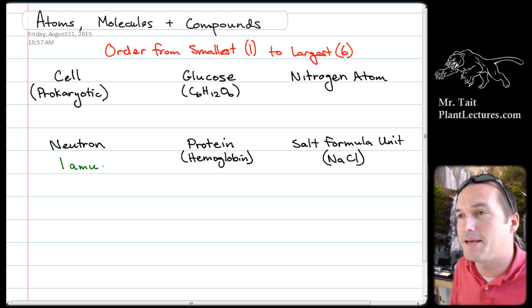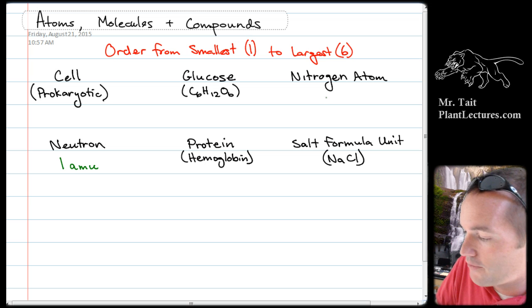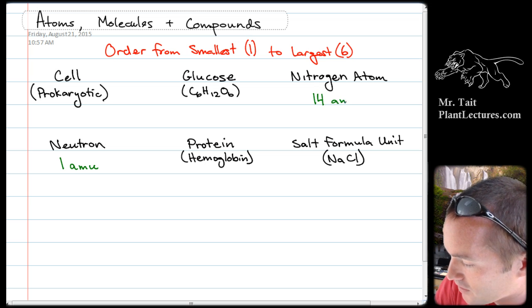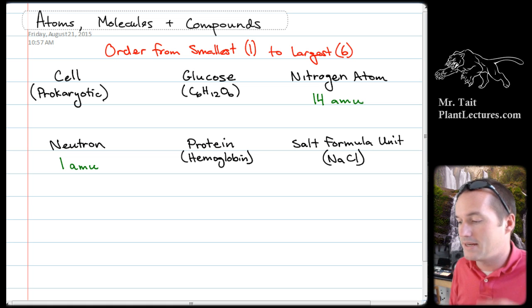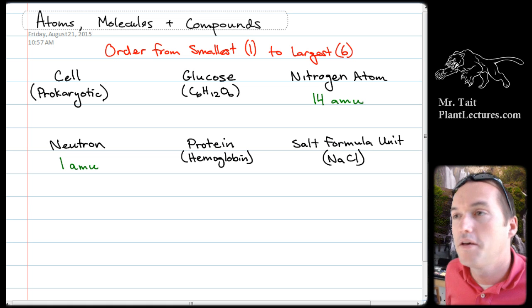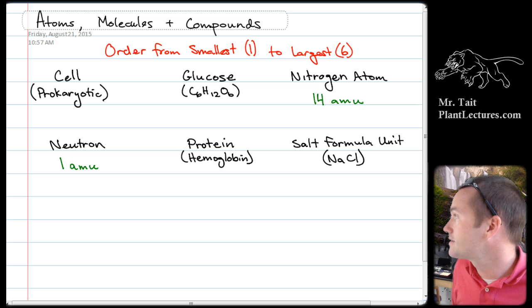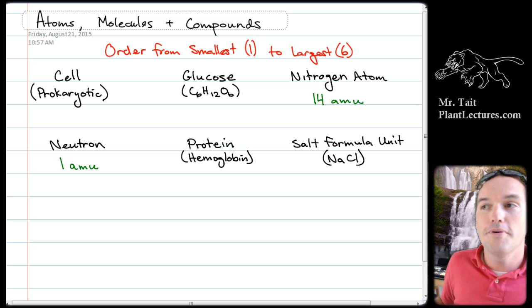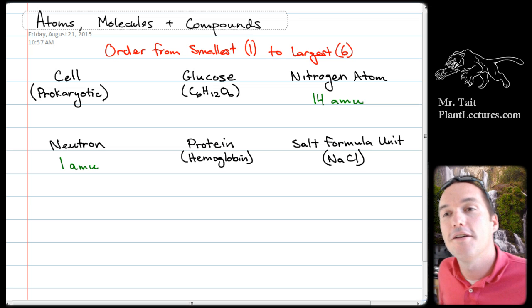So what's the next biggest thing? Nitrogen atom. If you look on the periodic table, the nitrogen atom is 14 AMU if you're talking about nitrogen 14, which is the most abundant type of nitrogen. What else? What's next? Yeah. Protein. Nope. What do you think?